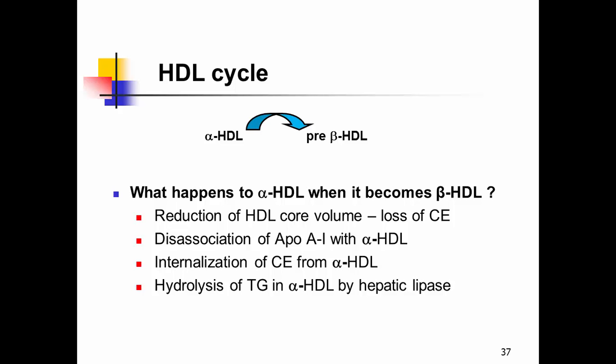The liver picks up the cholesterol esters in the alpha HDL. And the triglyceride in the alpha HDL is hydrolyzed by hepatic lipase, right? So alpha HDL also contains triglyceride. Right? The main lipids are the cholesterol esters, but it still also has a small amount of triglyceride. So both types of lipids are eventually picked up by the liver.